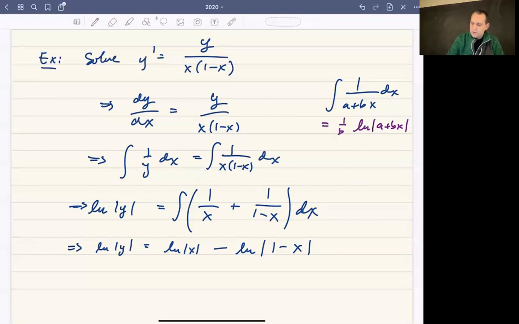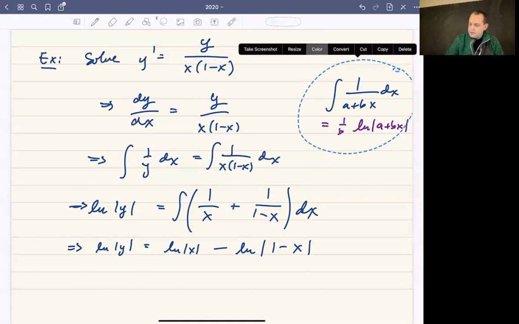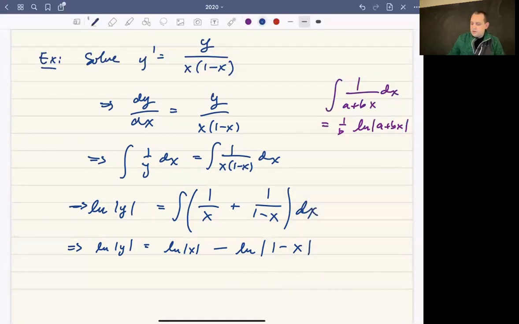So here we divided by minus 1. That's where that minus came from. It's really a 1 over negative 1 there. And then, of course, plus our constant c.